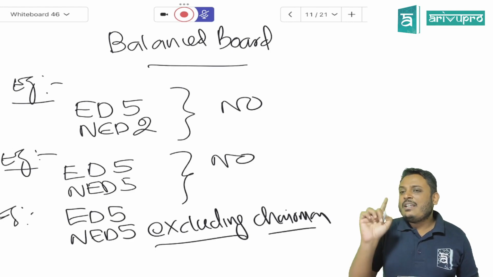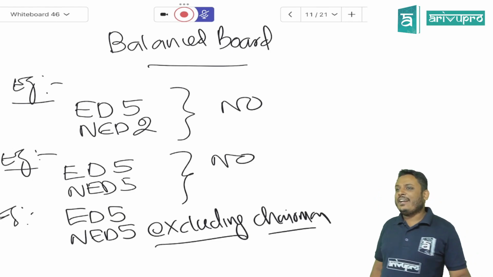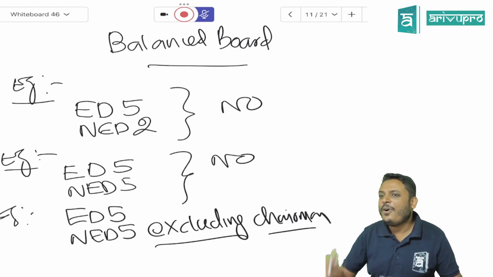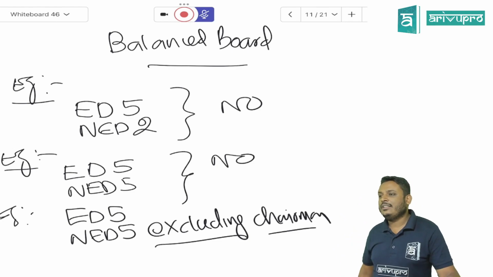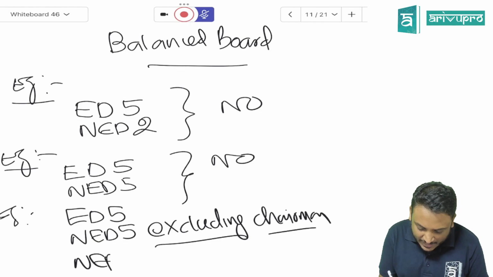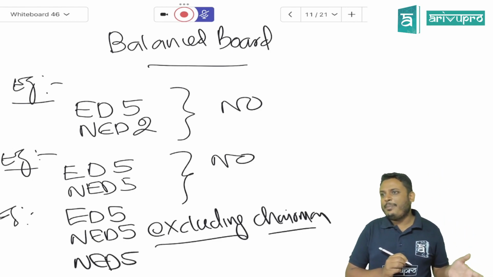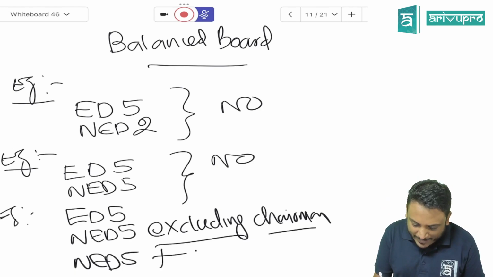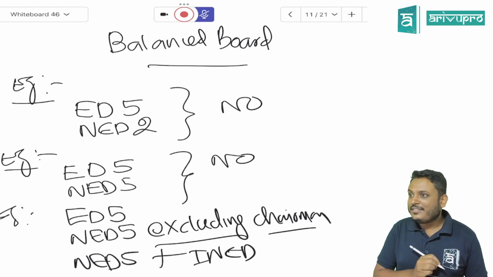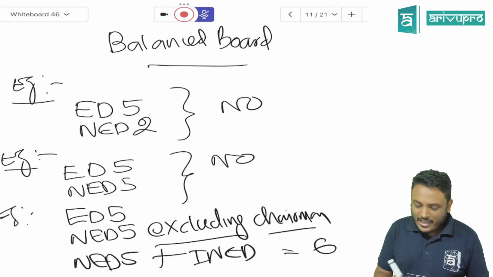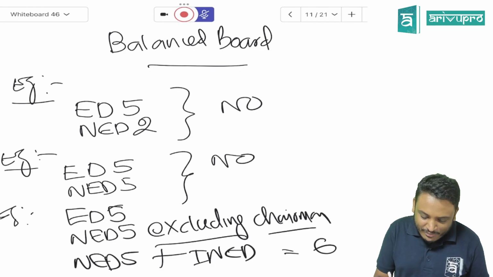Is the chairman a non-executive director or an executive director? Independent non-executive or not independent non-executive? Independent. So non-executive directors 5. These people can be independent or non-independent, no issues. Plus the independent non-executive director chairman. Altogether how many NEDs? 6. How many EDs? 5.